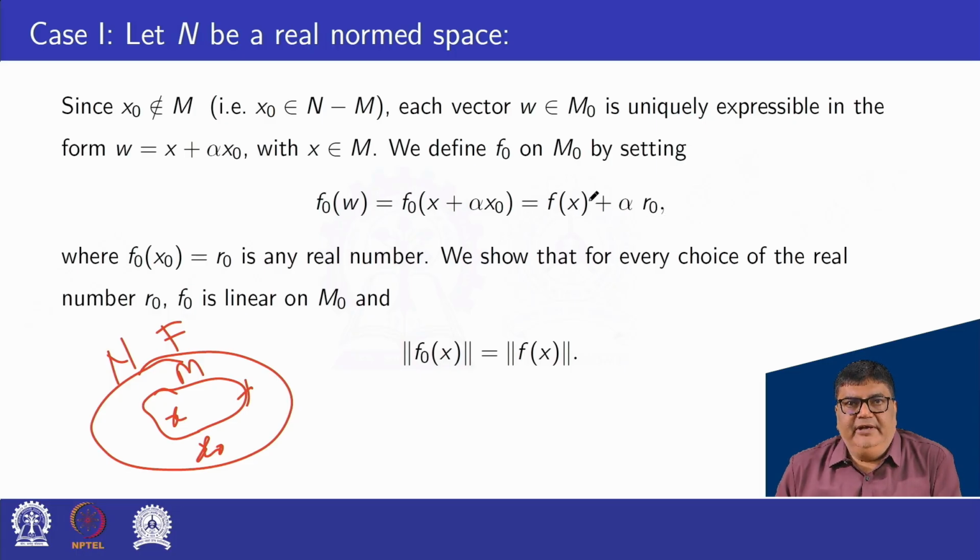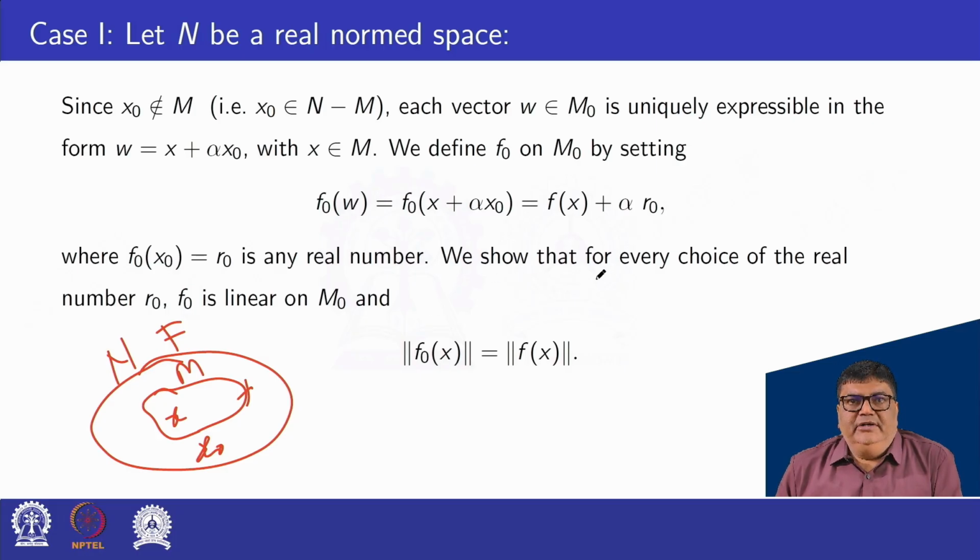Why here f of x? Because for x belonging to M, f0 of x is f of x, because functional f is defined on M. Here r0 is any real number.